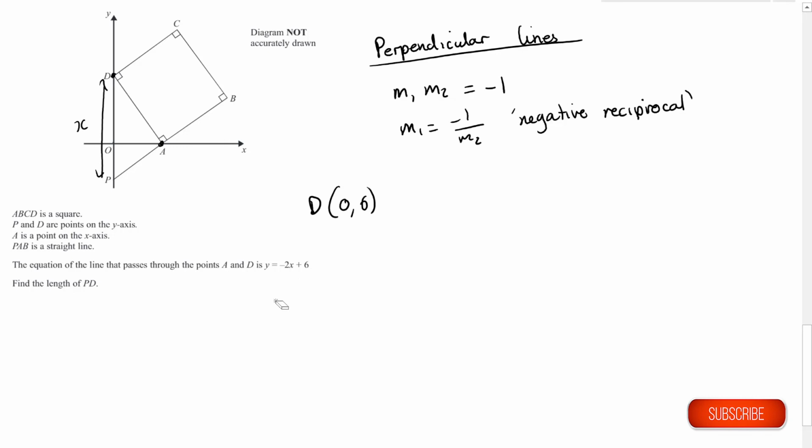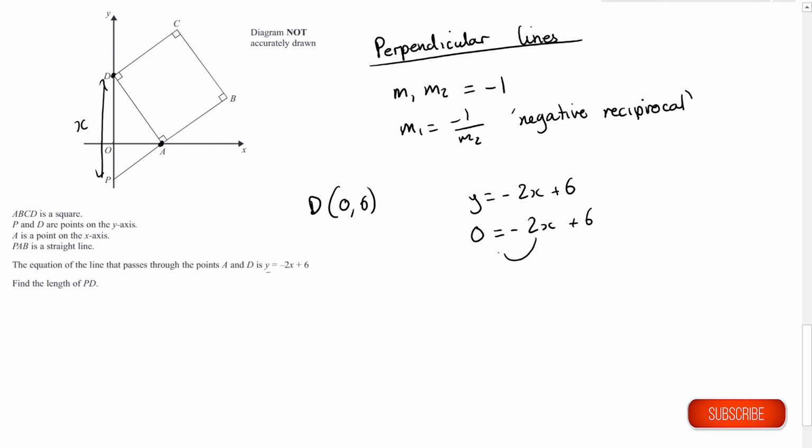Okay, now point A is on the same line, but now instead of the x value being 0, the y value is 0 because we're along the x-axis. And so we have to put 0 into this and then solve for that equation. So we'd say that if y is equal to -2x + 6 and y is 0, 0 is equal to -2x + 6, and now we have to solve this for x.